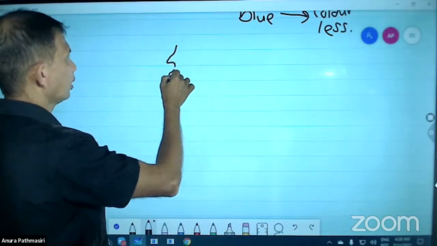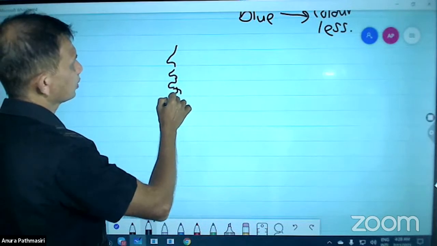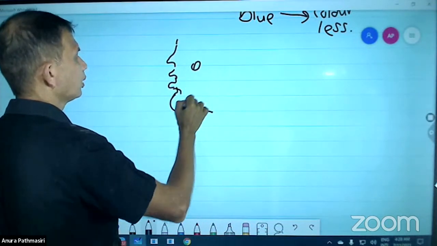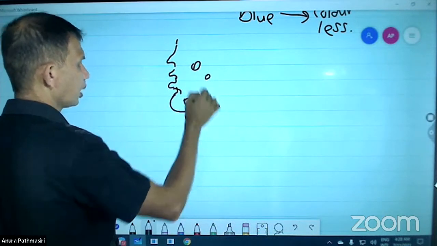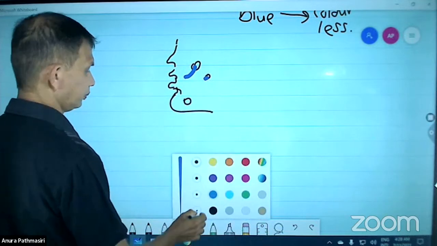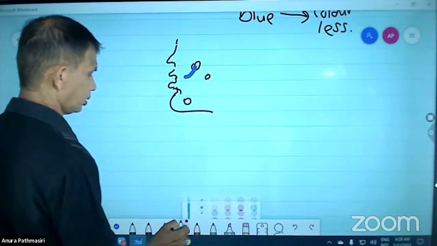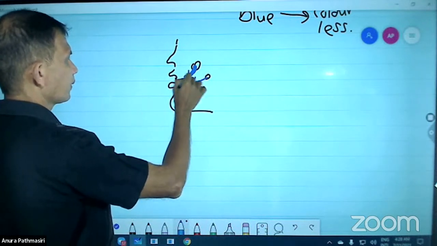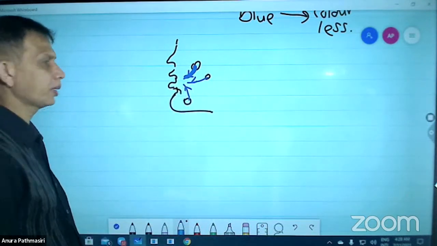It is all in the human digestive system. From the mouth it starts with the help of the salivary glands. Amylase is secreted. So all these supply the necessary enzyme.